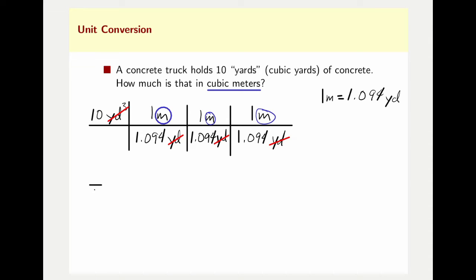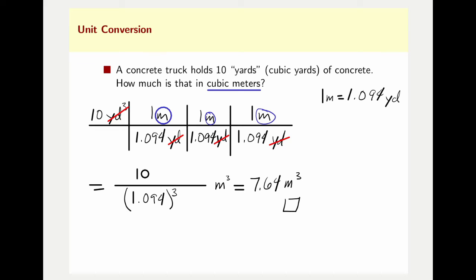Now gather the numbers. 10 over, I'm going to shorthand this, 1.094 cubed, and the units I have left are meters cubed. And a calculator tells me that this equals 7.64 cubic meters. Done.